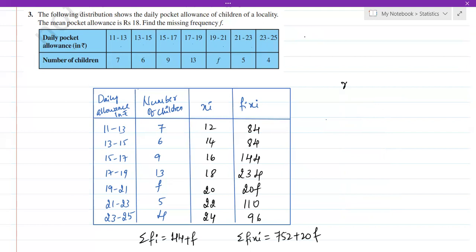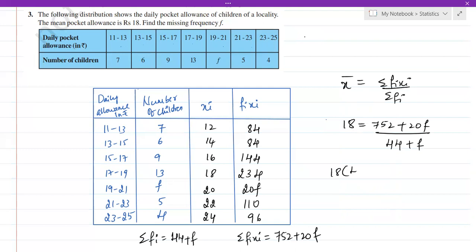Now x bar is given by the formula summation fi xi by summation fi. So x bar is already given as 18. Summation fi xi is 752 plus 20f, divided by summation fi, which is 44 plus f. So let's cross multiply. It becomes 18 into 44 plus f equal to 752 plus 20f.